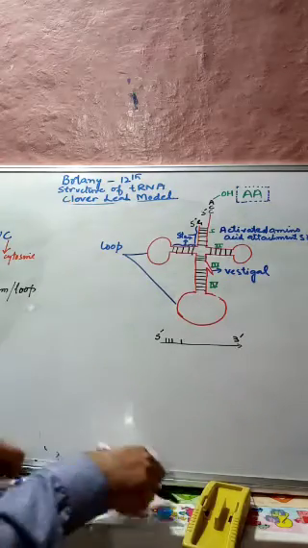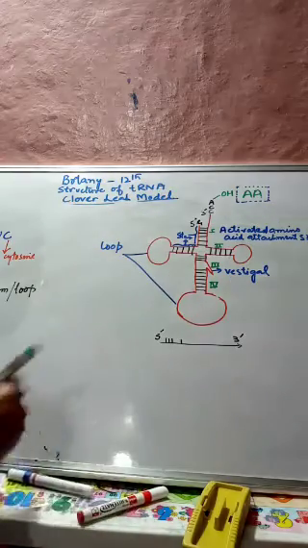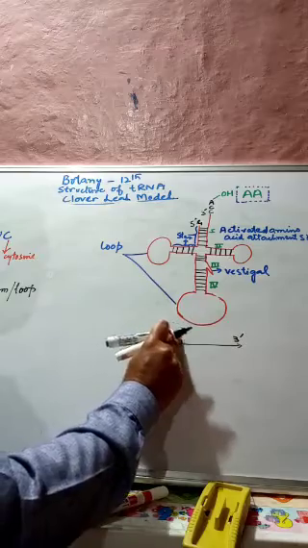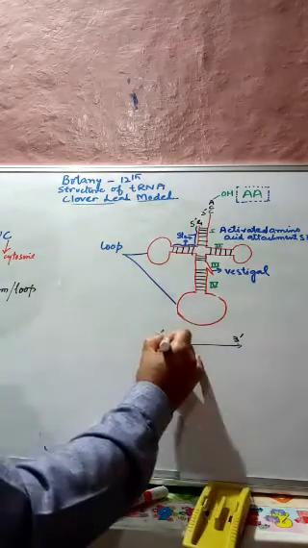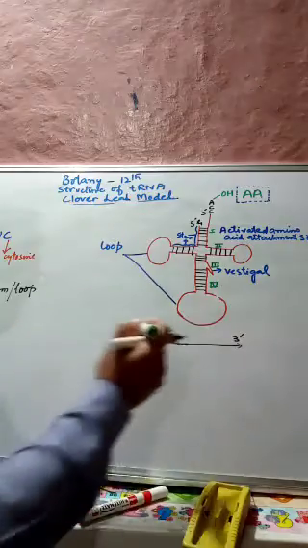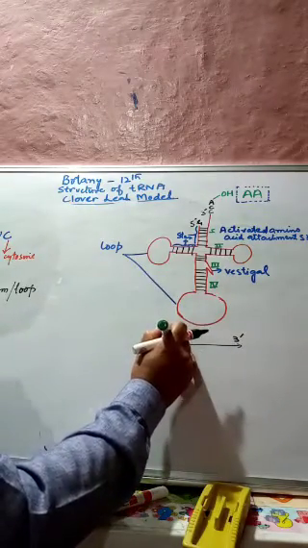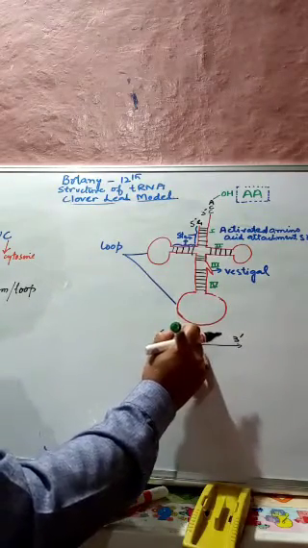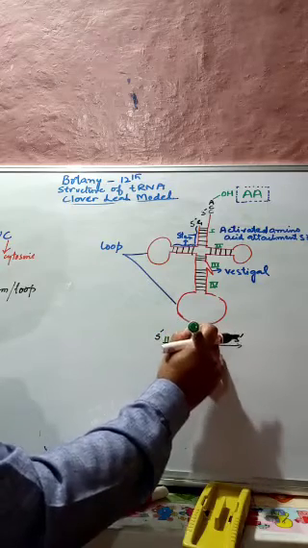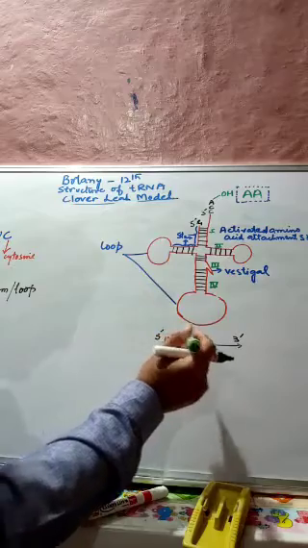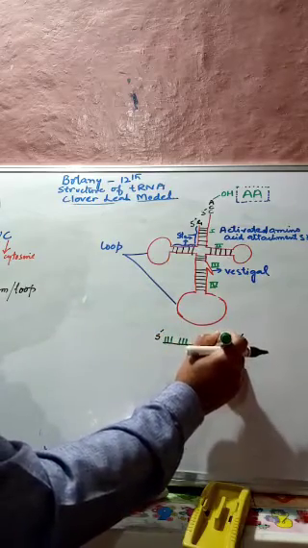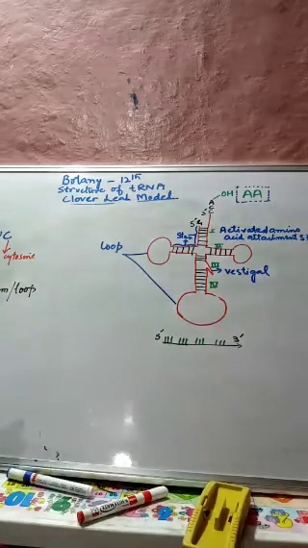I will draw them in another greenish color so that these codons become somewhat clear. These are the triplets, 3 words. These 3 words are recognized.